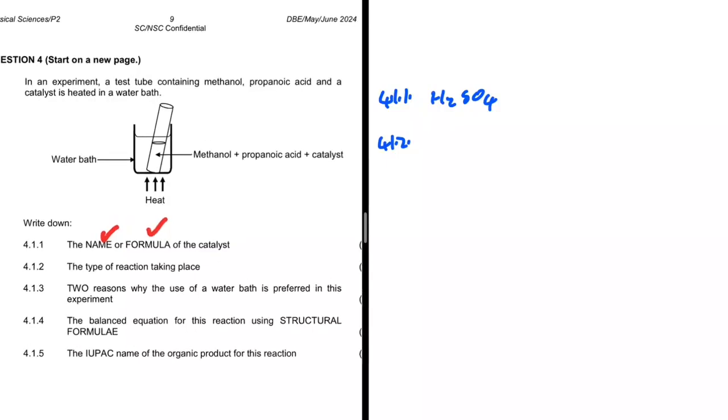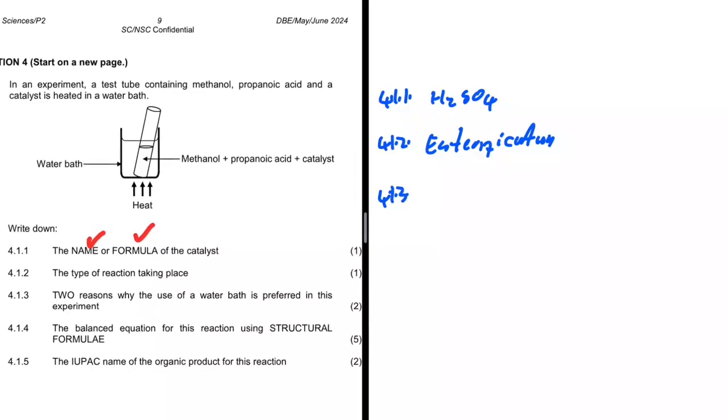The type of reaction taking place is esterification. So esterification, there we go. That is 4.1.2. And then 4.1.3, two reasons why the use of a water bath is preferred in this experiment over direct heat. One of the reasons is because alcohol is extremely flammable, right?